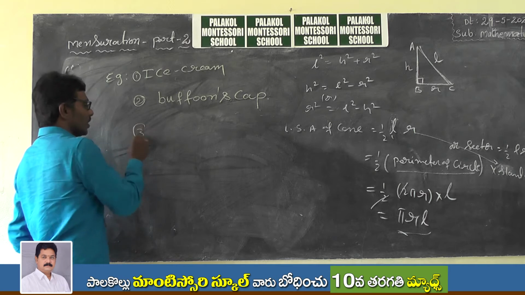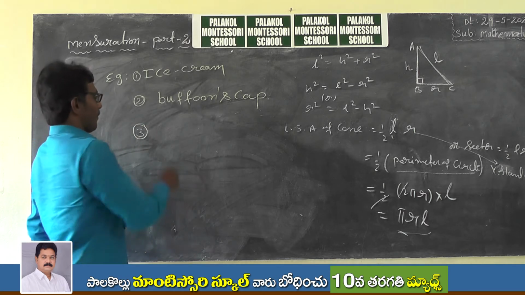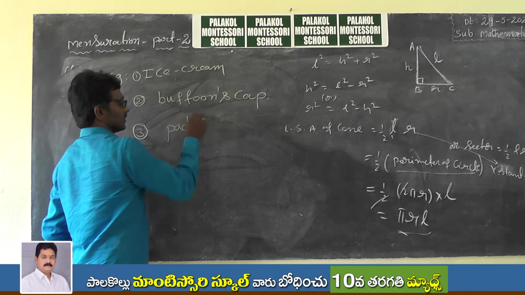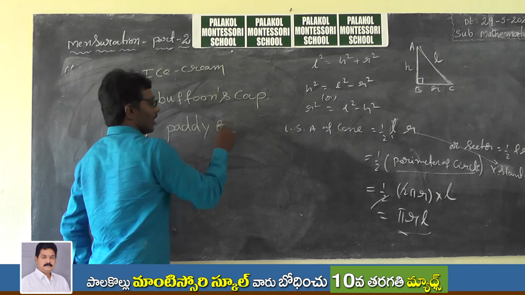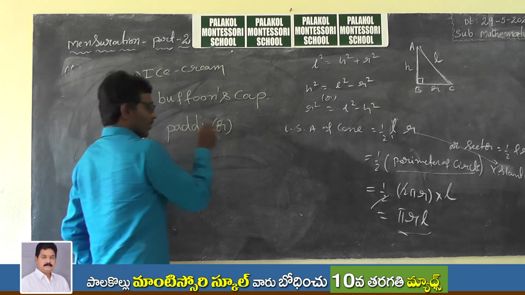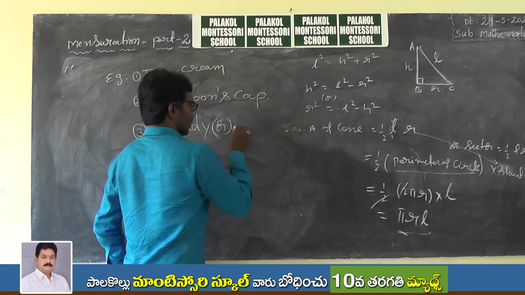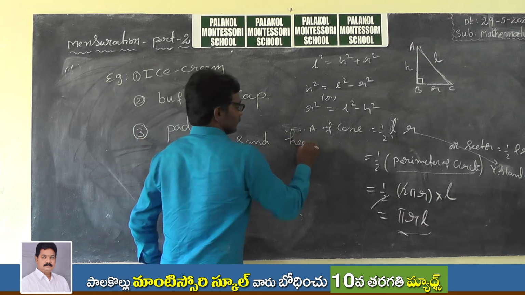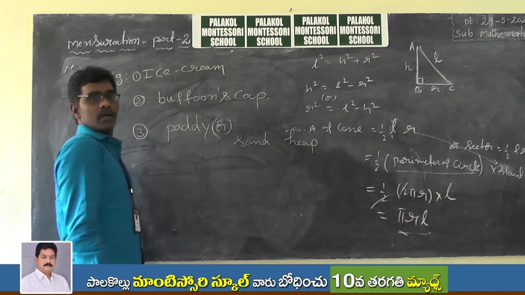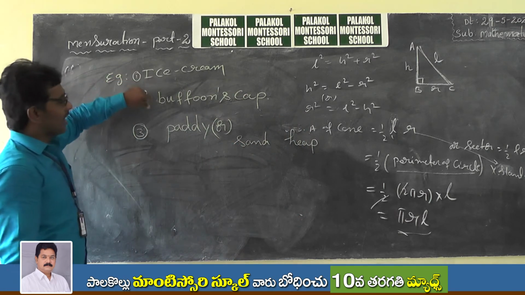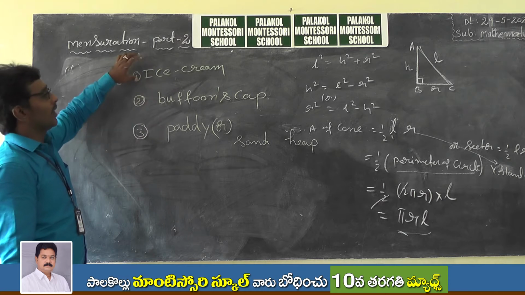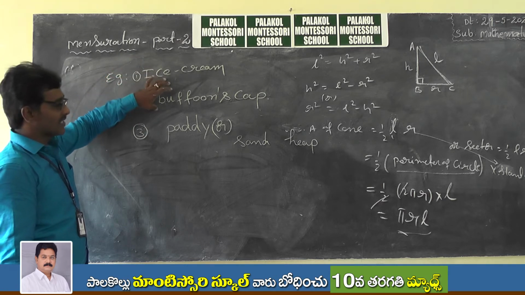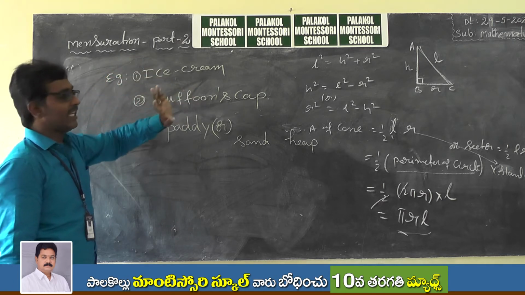The third one, paddy or sandy hip. These are the examples of cone: ice cream, Buffon's cap, paddy and sandy hips.